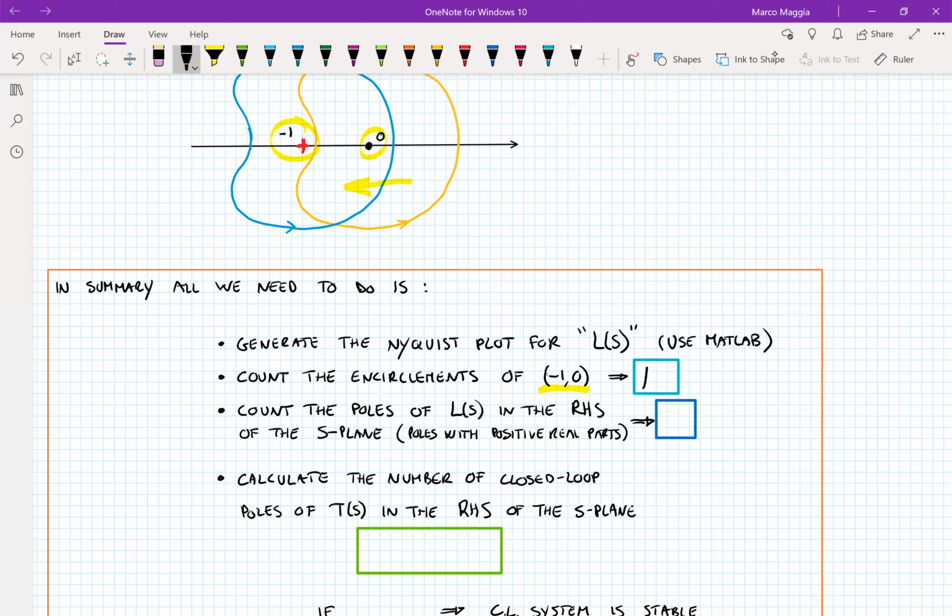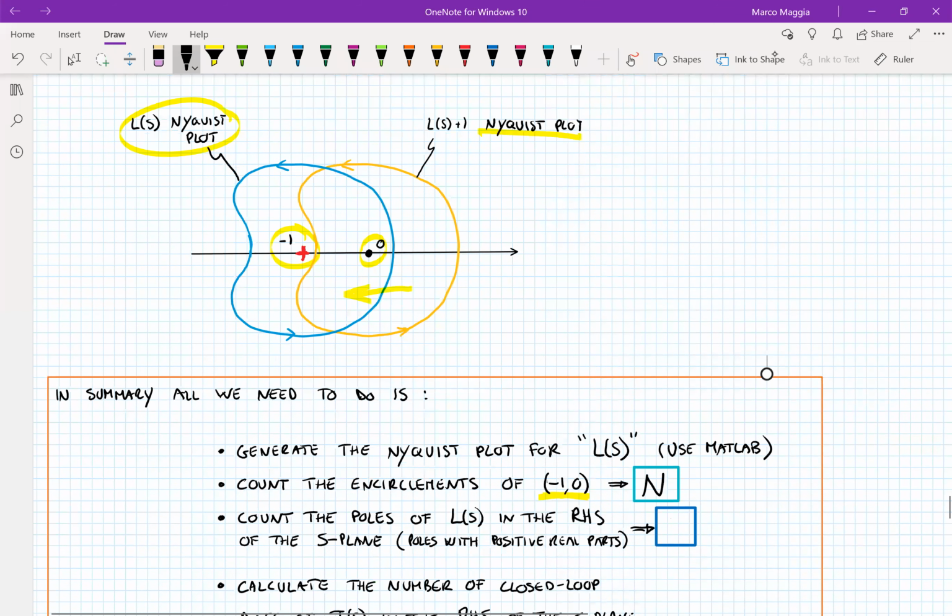And so you've determined your N. Because again, the two Nyquist plots are the same. They're just shifted by a unit. So N remains the same. Instead of counting the encirclements of the origin, you count the encirclements of -1, 0. So it's the real -1.